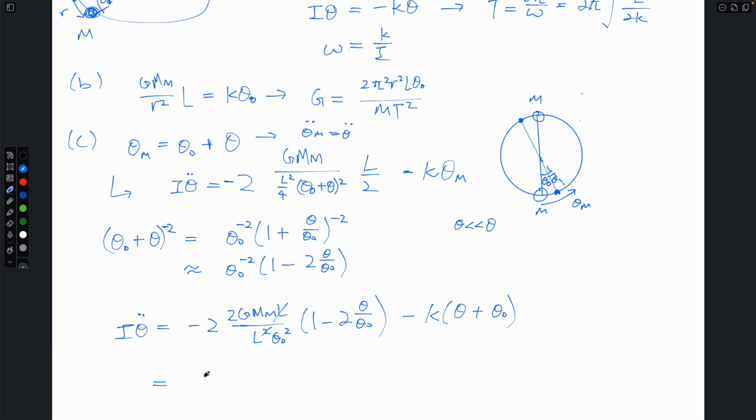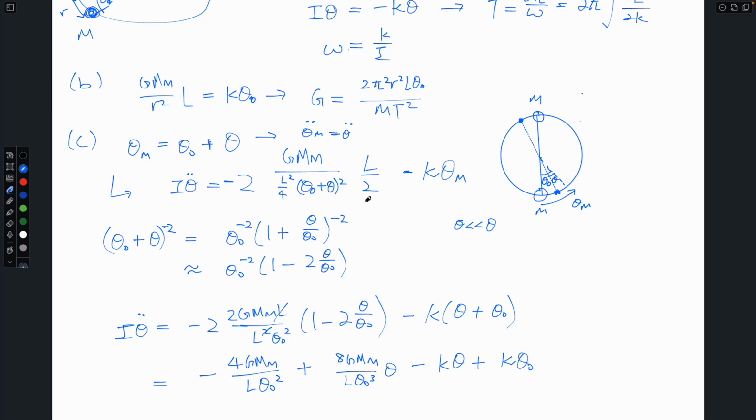Okay, so if you see now, we have the first term, which is 4GMm theta naught squared, plus, wait, sorry, 8GMm over L theta naught cubed theta, minus k theta plus k theta naught.